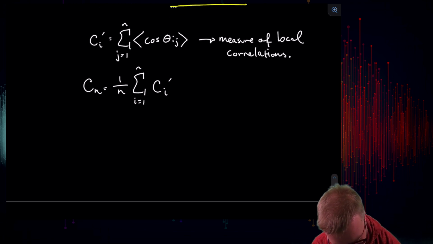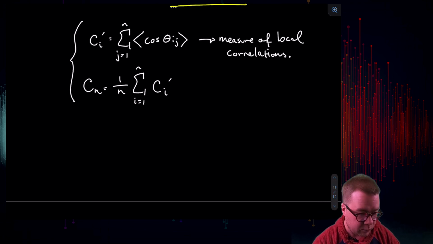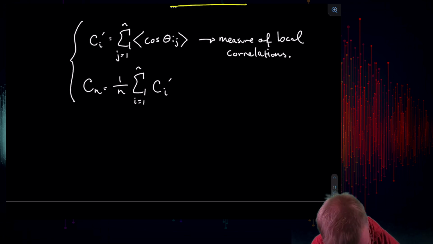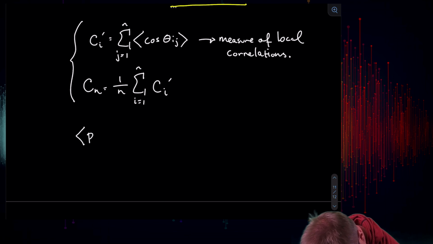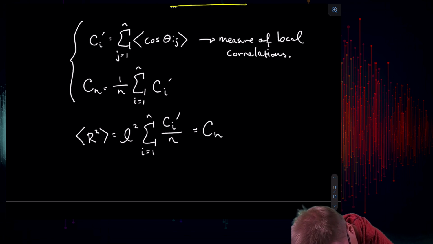So for example, if you trace through everything that we've just done, then these definitions would lead to an expression that looks like this. We would have the mean squared end-to-end distance equal to L squared times the summation i equals 1 to n of Ci prime divided by n, which would give us Cn and L squared.